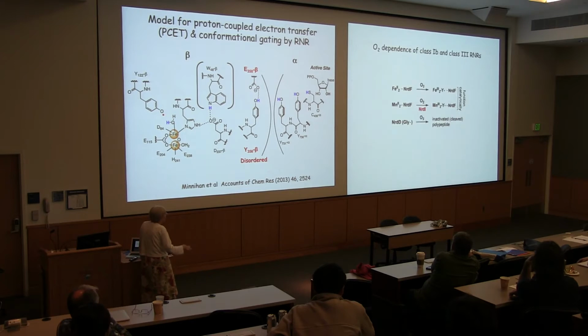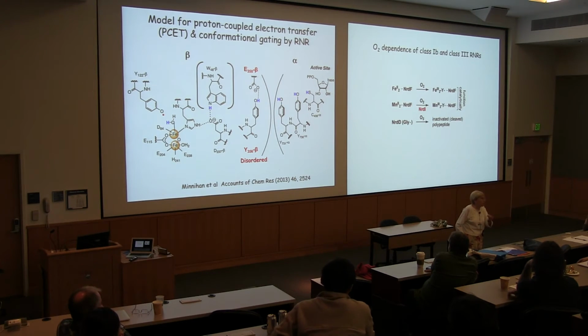And we decided we could do an experiment in an animal model that would test whether an iron-loaded tyrosyl radical or a manganese-loaded tyrosyl radical is active. Remember, they're both active, but one is much more active than the other. We could figure out which one would be active in the animal model.